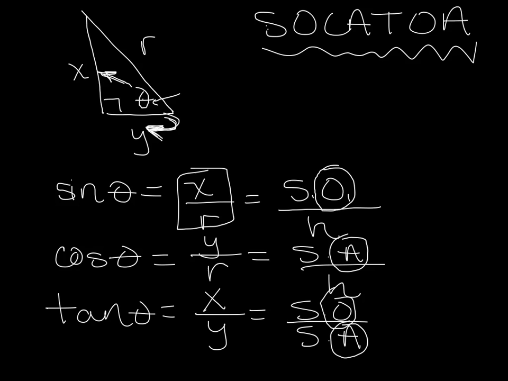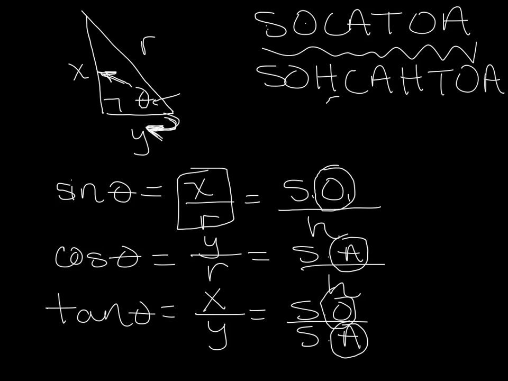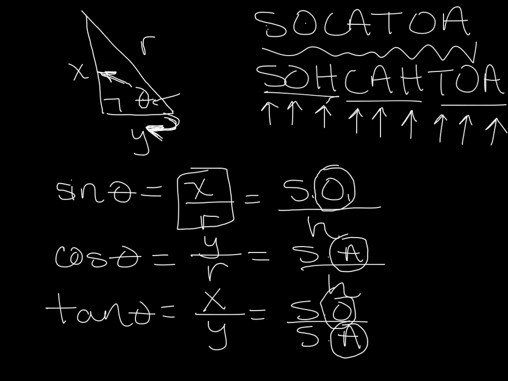Sine is opposite, and it's always over hypotenuse. And sometimes we put the H in there like this, SOHCAHTOA. Sine is opposite over hypotenuse. Cosine is adjacent over hypotenuse. Tangent is opposite over adjacent.